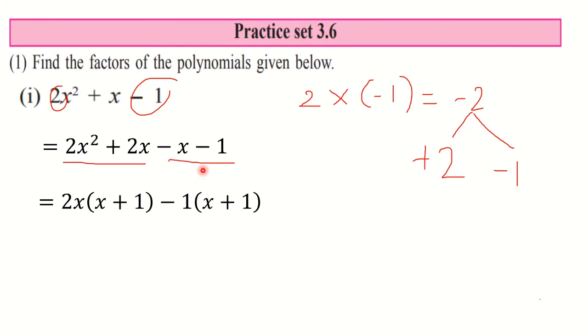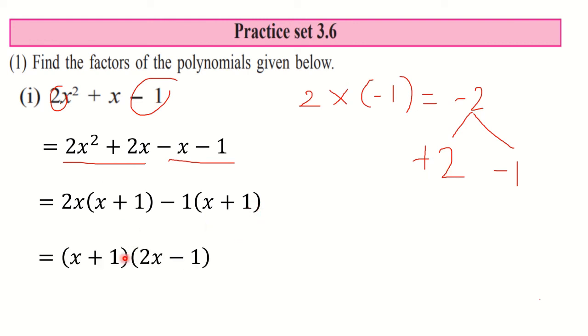Okay. Now here you will observe that x and minus 1. Nothing is in common here. Minus sign is in common and therefore we are going to take out minus 1 as common. And since the minus sign is taken out here, signs of both these terms will change. This negative sign will become positive. Now you got here, this is the bracket x plus 1 and this is also x plus 1, which is again common.